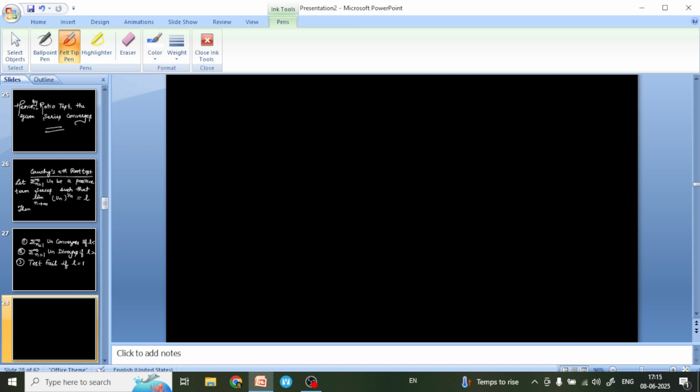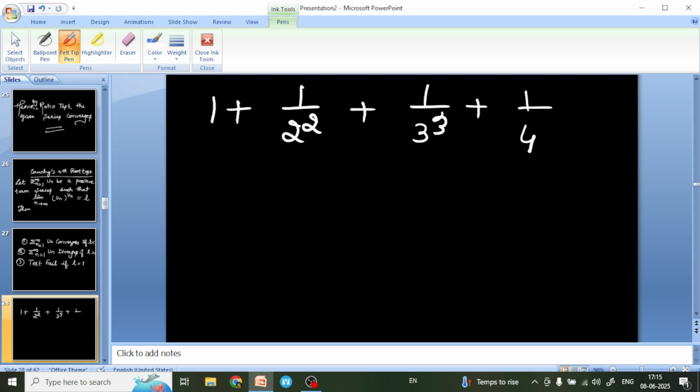when you test the convergence. For example, you are given this series: 1 plus 1 over 2 raised to power 2 plus 1 over 3 raised to power 3 plus 1 over 4 raised to power 4. First of all, you have to write un is equal to 1 over n raised to power n, because here you can see n raised to power n.